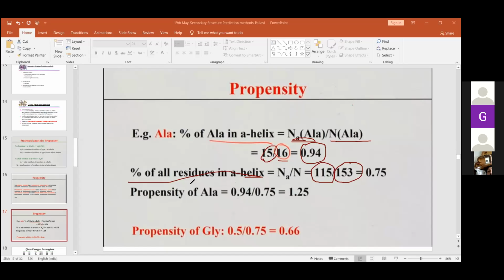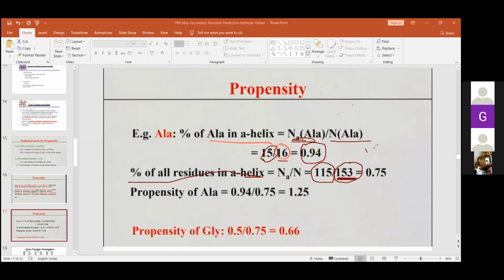So the second value is the percentage of all residues in alpha helical form. I take 115, which are in alpha helical form, divided by the total number of amino acids forming the protein sequence.